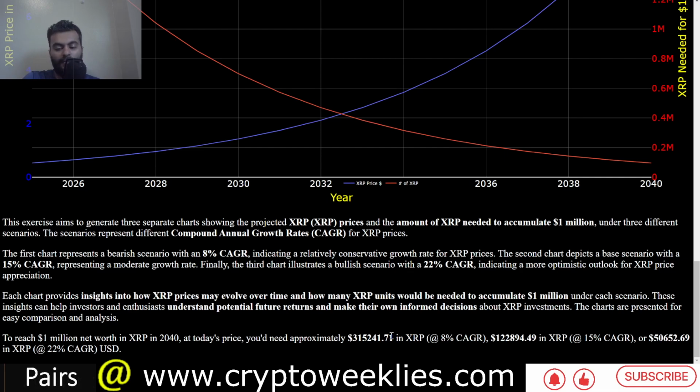If you divide that by 100, $3,000 worth of XRP today could be equivalent to 10k worth of XRP in 2040. So just an idea. We have it for 15%, that is 122k, as well as 50,000 for 22% CAGR, would be equivalent to $1 million in 2040.